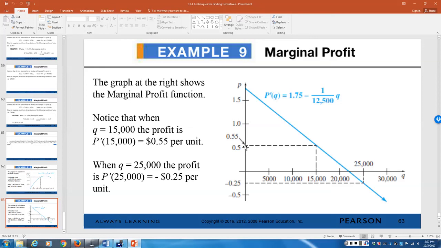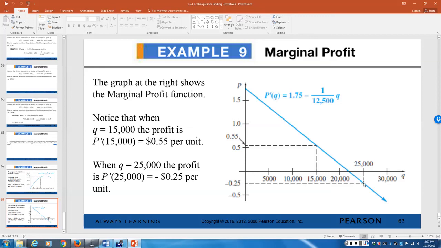But when Q is 25,000, you see that your profit down here is negative. P prime is negative. The value of the derivative is negative. The value of the rate of change is negative.